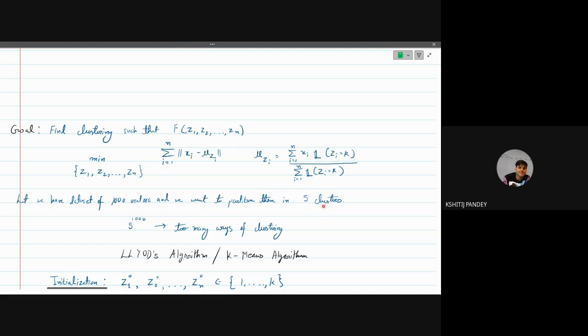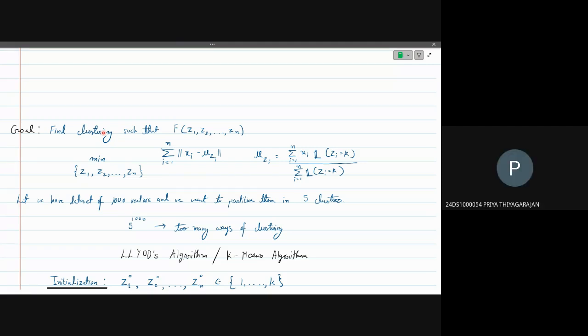Each point has 5 options, so 5 raised to the power 1000 ways. The number is very large, and this data set we have taken is very small compared to real world data sets. So the number of ways of clustering shoots up very quickly. Finding the minima for this objective function is very difficult. That's the problem right here.